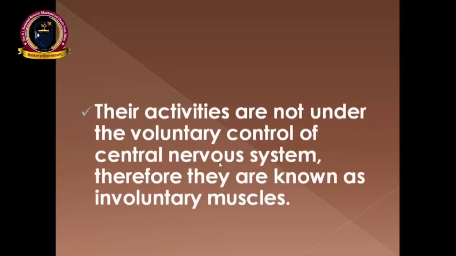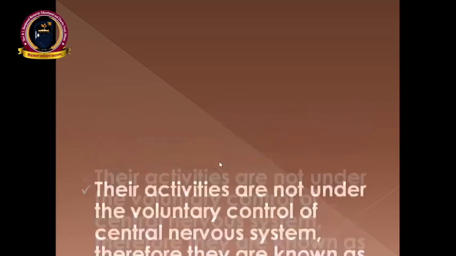The smooth muscles have activities which are not under the voluntary control of the central nervous system. So they are the involuntary muscles. Mainly they are controlled by the sympathetic and parasympathetic neurons or by special regulatory muscles.